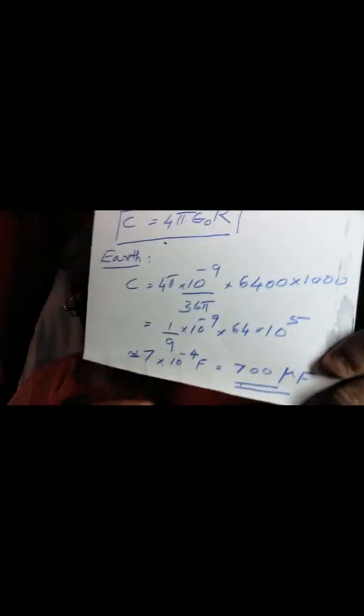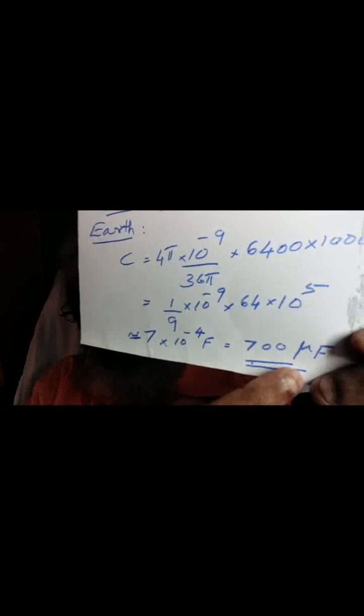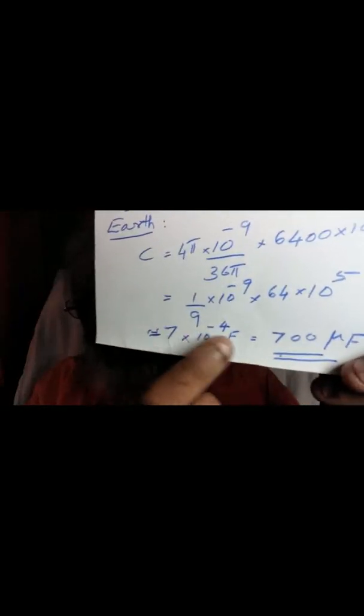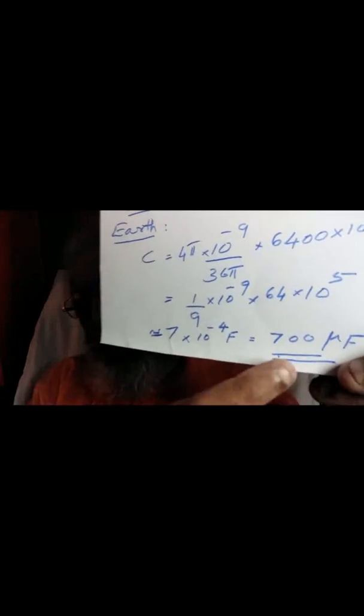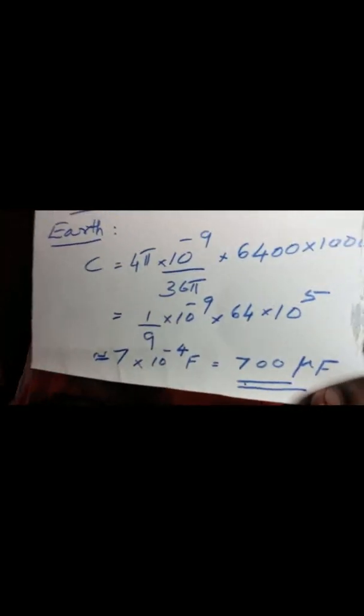Then you get capacitance of Earth as 7 into 10 raised to 2, or 700 microfarad. So farad is a very big unit. That is why the giant Earth has only this much capacitance when expressed in farad or microfarad.